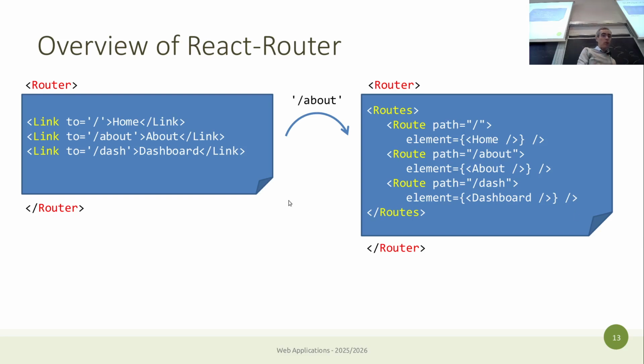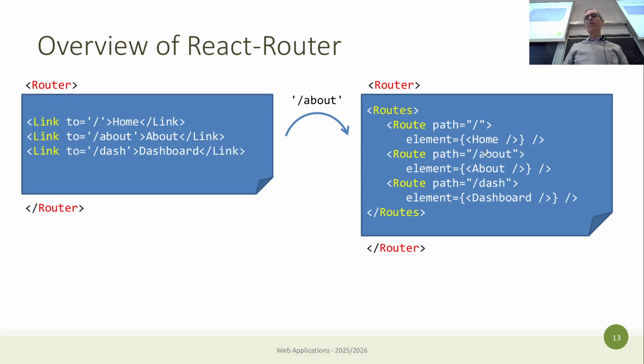Once we do it, and we will see an example in a minute and we will type it, so this time we will construct it, we will have the possibility to use this router component that defines a set of routes, where we can define some JSX, that is what is supposed to be rendered depending on the URL. So let's have a look at this example.